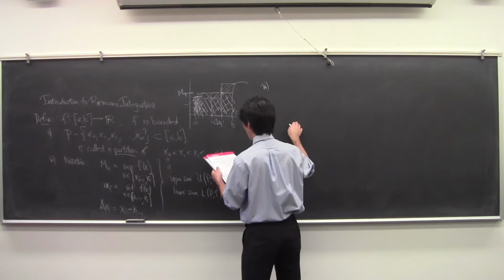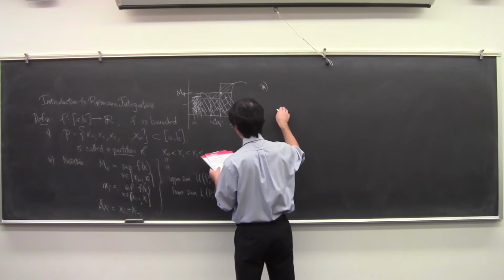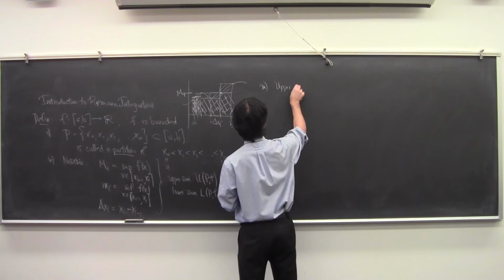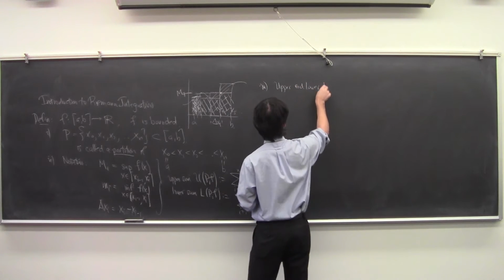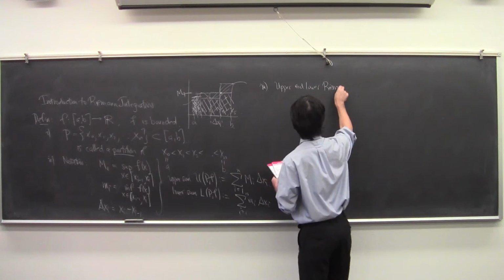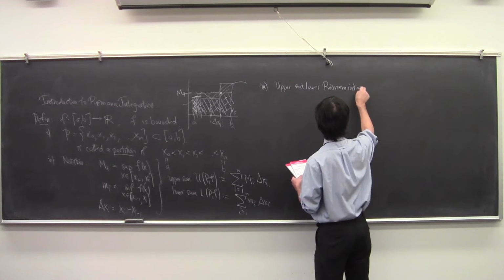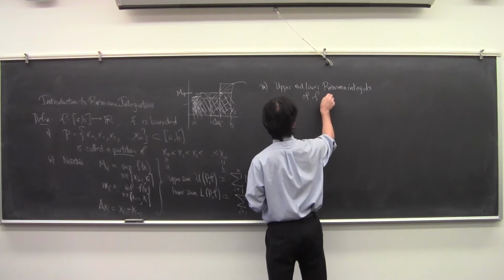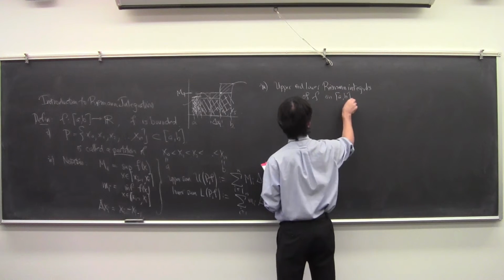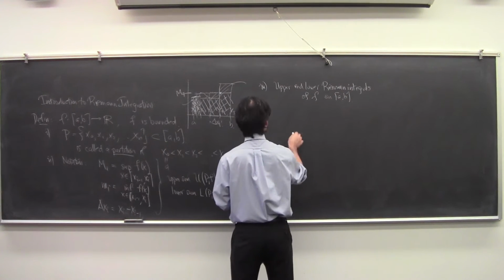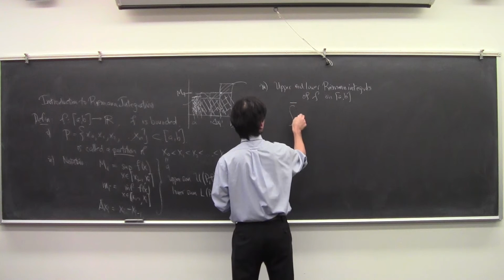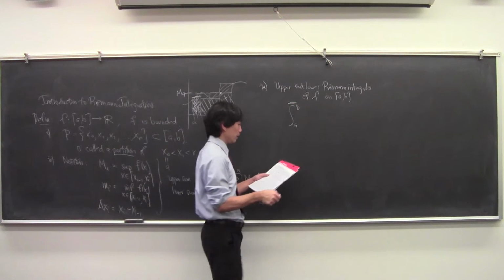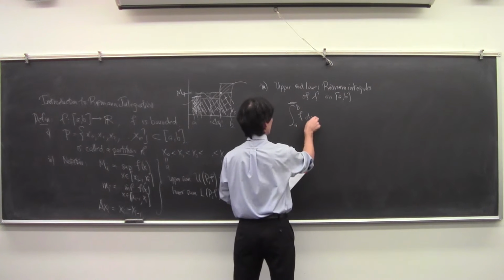Definition part 3. We define the upper and lower Riemann integrals of f on [a, b]. It's notated like this: integral with a bar over it of f dx.